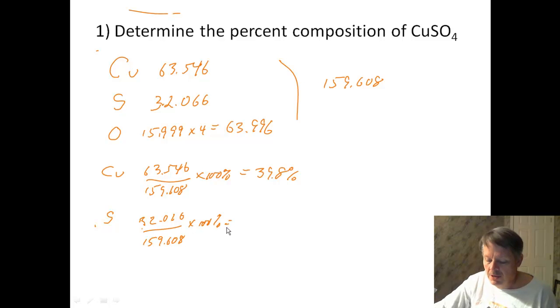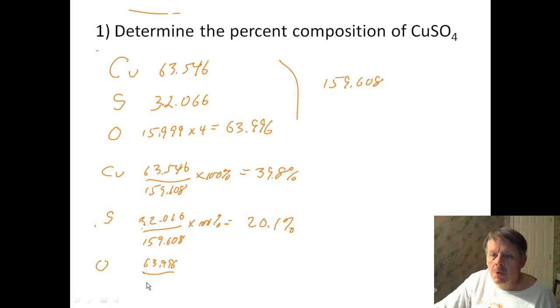Right, and that is going to give me 20.1%, which means everything else should be oxygen, which is 63.996 divided by 159.608, multiplied by 100%, and that gives me 40.1%. So I'm right there at 100%, which is great.